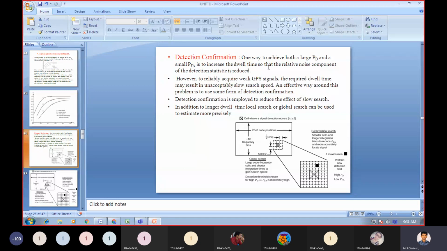An effective way around this problem is to use some form of detection confirmation.